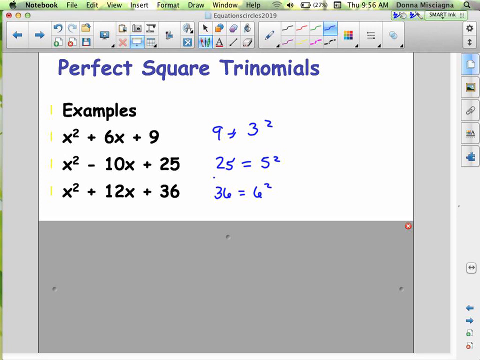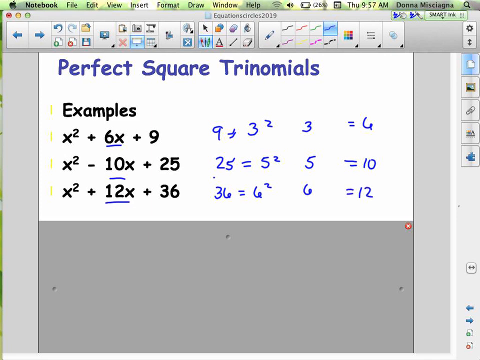What if I took that square root there? So if I took 3 and 5 and 6, and we wanted to change those numbers so that we got the middle term, so that we got 6 for the first one, 10 for the second one, and 12 for the third one.